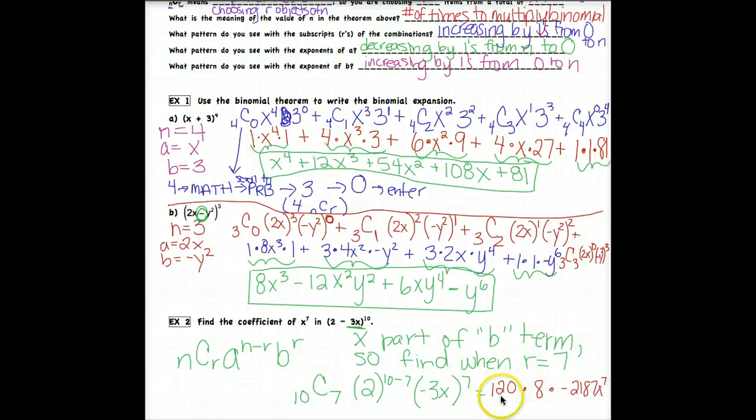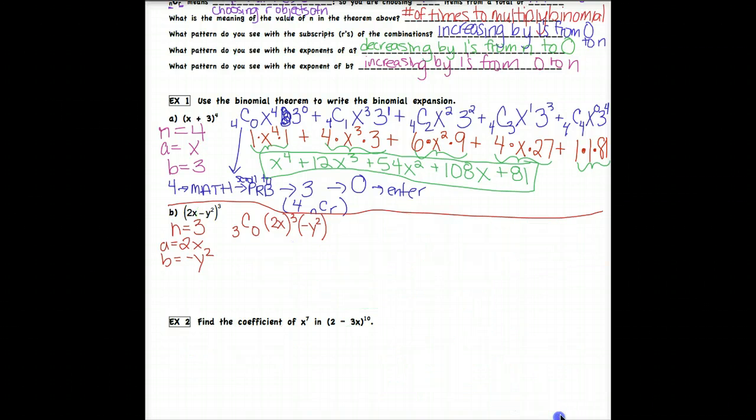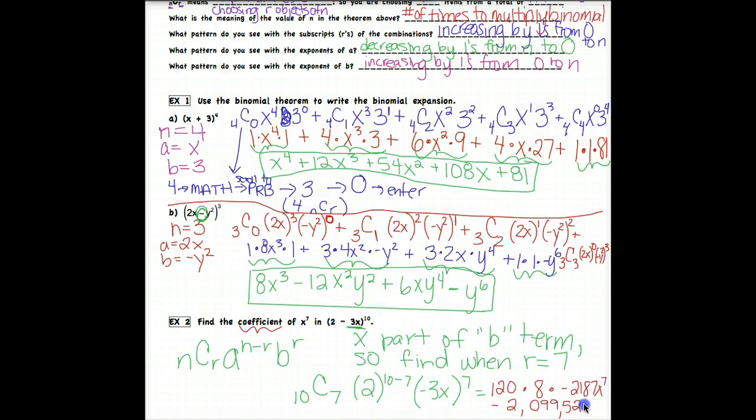So now, all it wants is the coefficient of x to the 7th. So it means all I care about is the numbers. So 120 times 8 times negative 2,187 is negative 2,099,520. So again, don't expand the whole thing. That's way too much work.